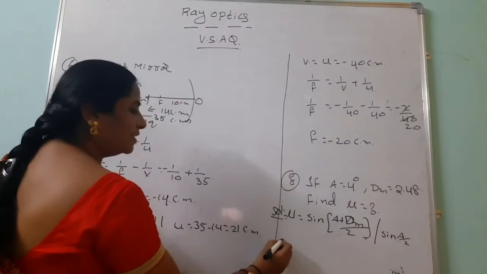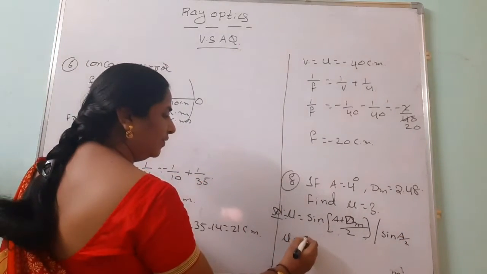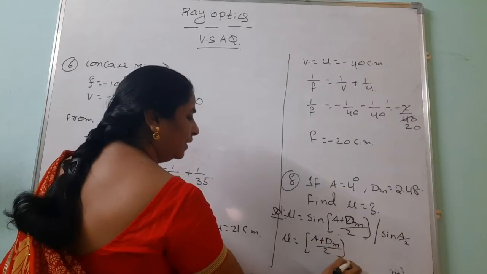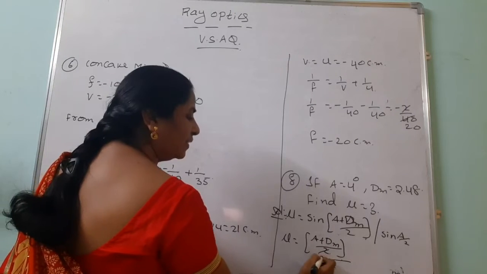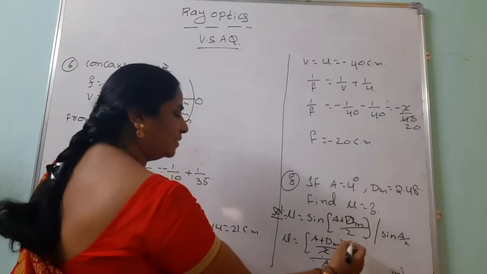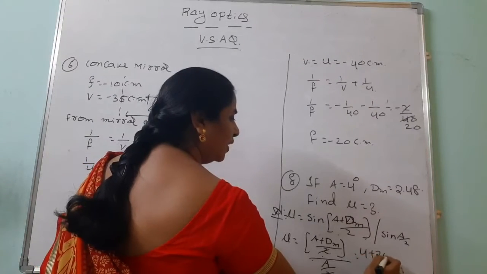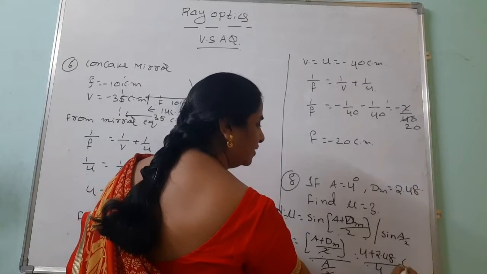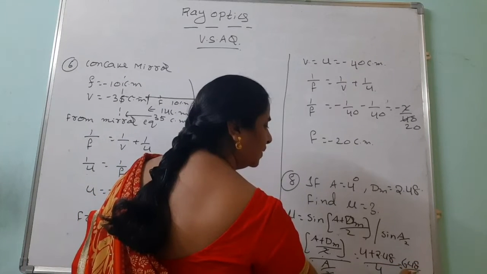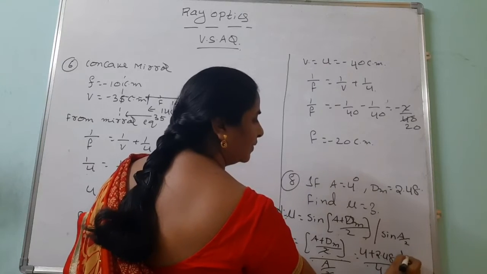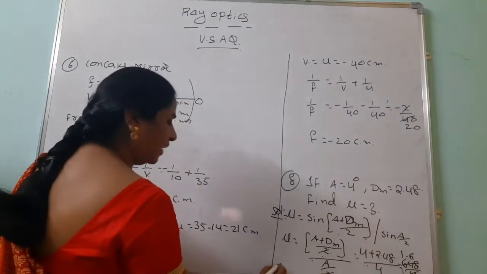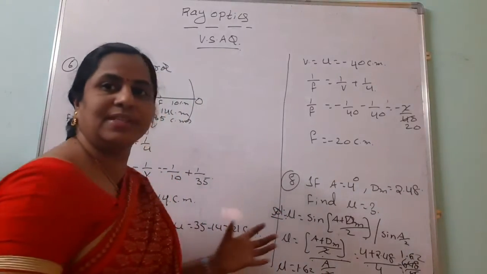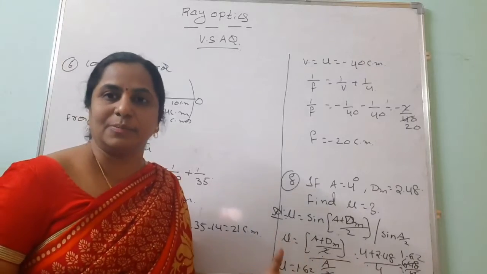For small angle prisms there is no need to take the sine; simply take (A plus minimum deviation) by 2 divided by A by 2. The 2s cancel, and we take 4 plus 2.48 divided by 4. After simplification, 6.48 by 4 gives 1.6. So the refractive index of the prism is 1.6. There is no need of using the sine if the prism is a small angle prism.